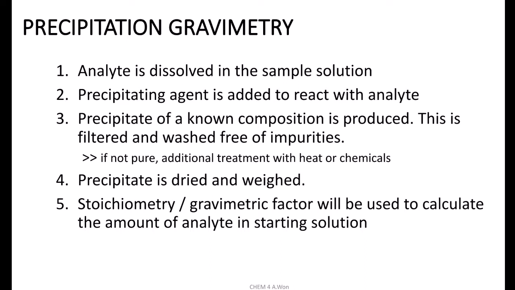Number 2, precipitating agent is added to react with the analyte. Ideally, a gravimetric precipitating agent should react specifically or selectively with the analyte. Kung magre-react siya with other substances in the solution, then the stoichiometric calculations will not be reliable anymore.